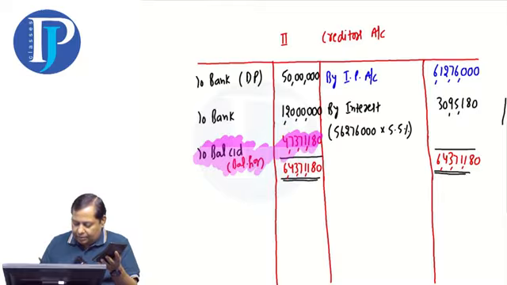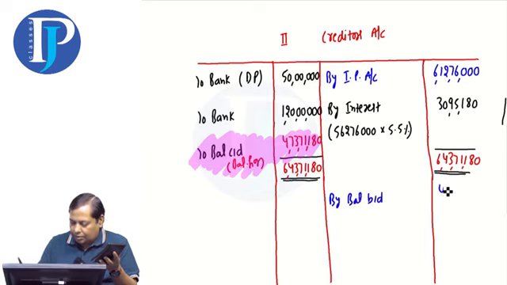We will transfer this forward. Four crore 73,71,180. Now we will write by interest.